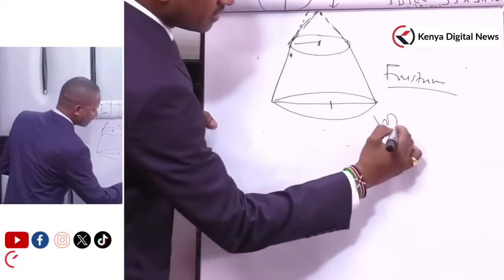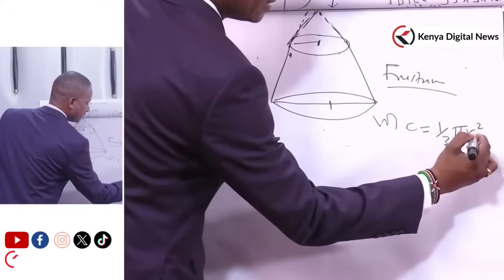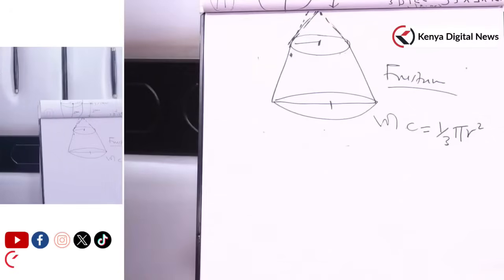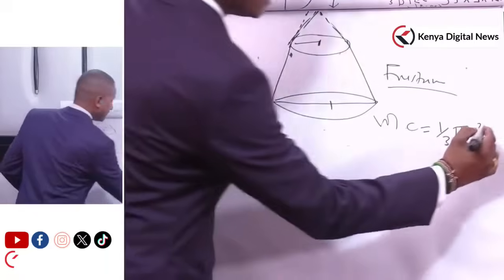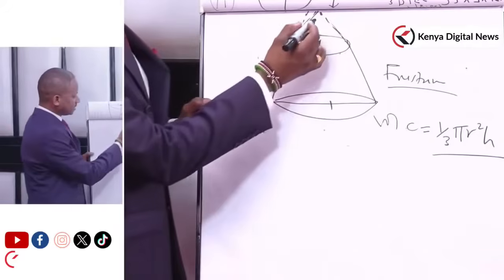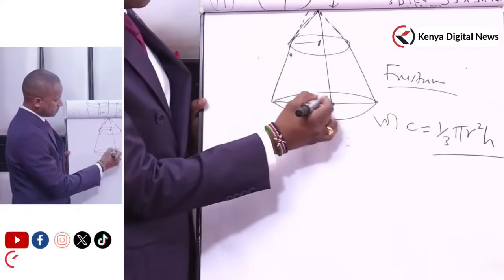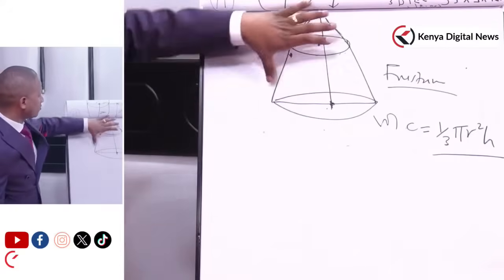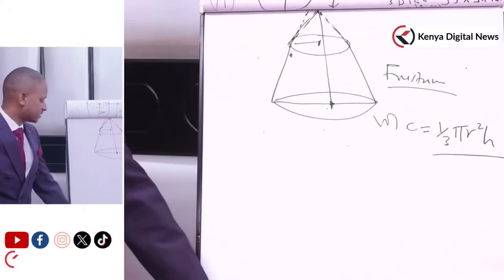So volume of a cone is given by a third pi r squared h, where height is from here to here. So this first term can also always come. You just complete the cone, you get the volume of the whole cone minus the volume of the smaller cone, which is a third pi r squared h.